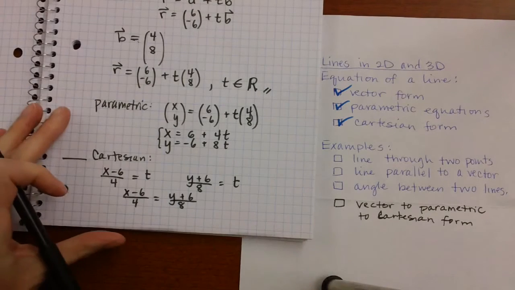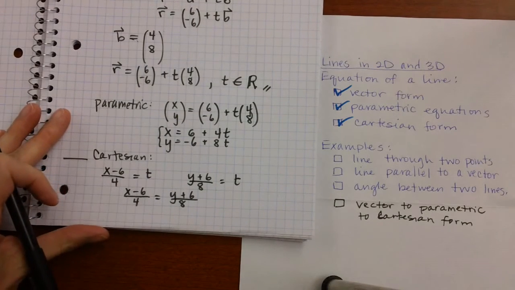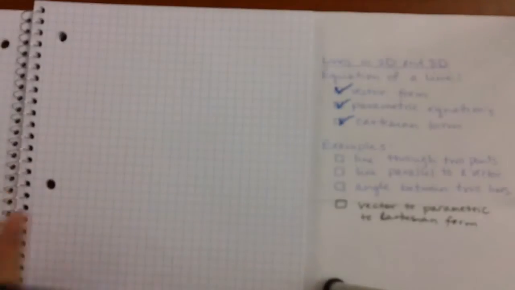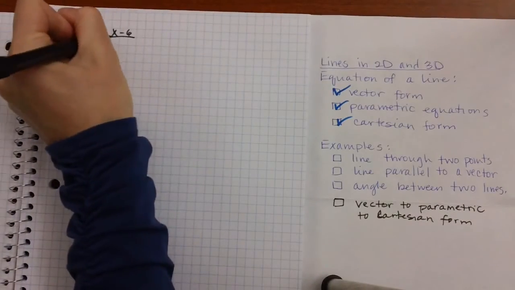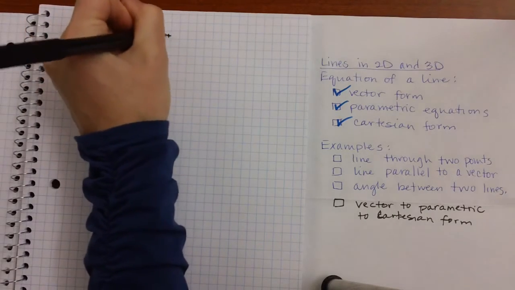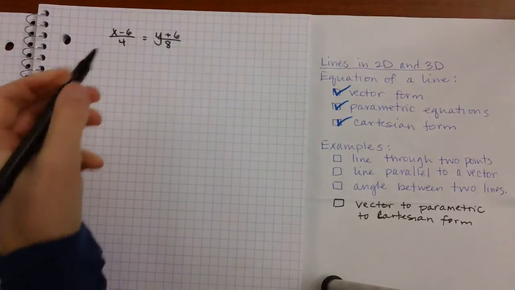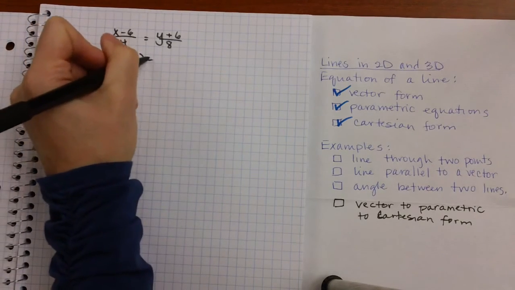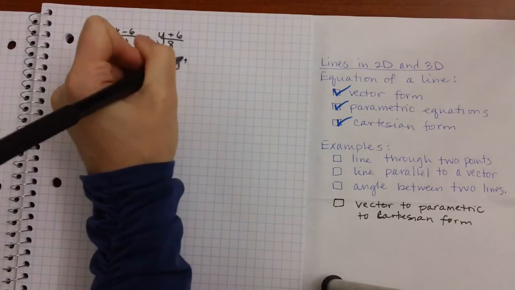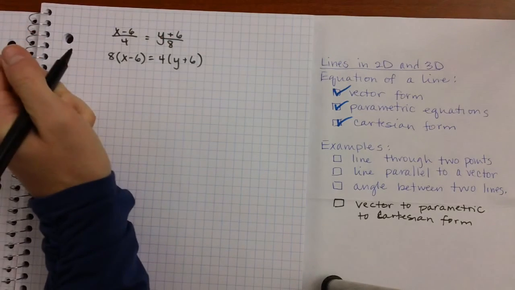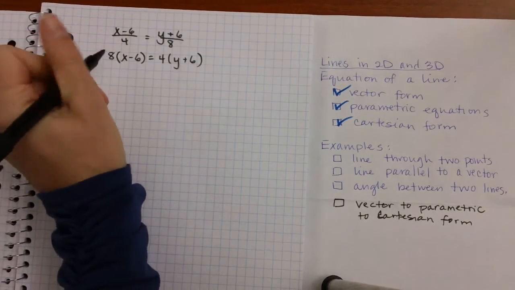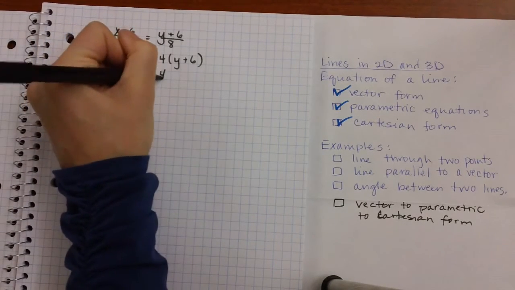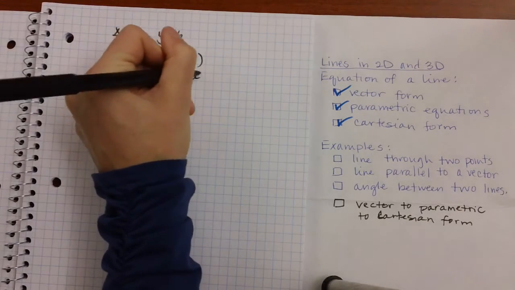And I can rearrange this to get it into general form or slope-intercept form. So I can just cross multiply. I'll have 8 times x minus 6 is 4 times y plus 6. So 8x minus 48 equals 4y plus 24.